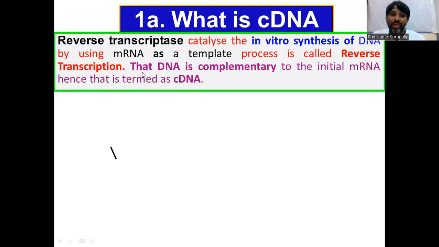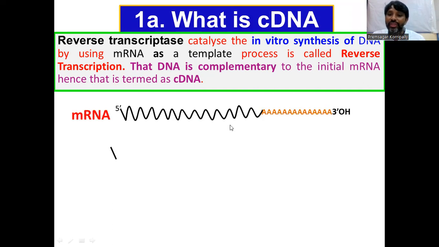You can see reverse transcriptase catalyzes the in vitro synthesis of DNA by using mRNA as a template. That process is called reverse transcription. The DNA is complementary to the initial mRNA, hence it is termed cDNA.